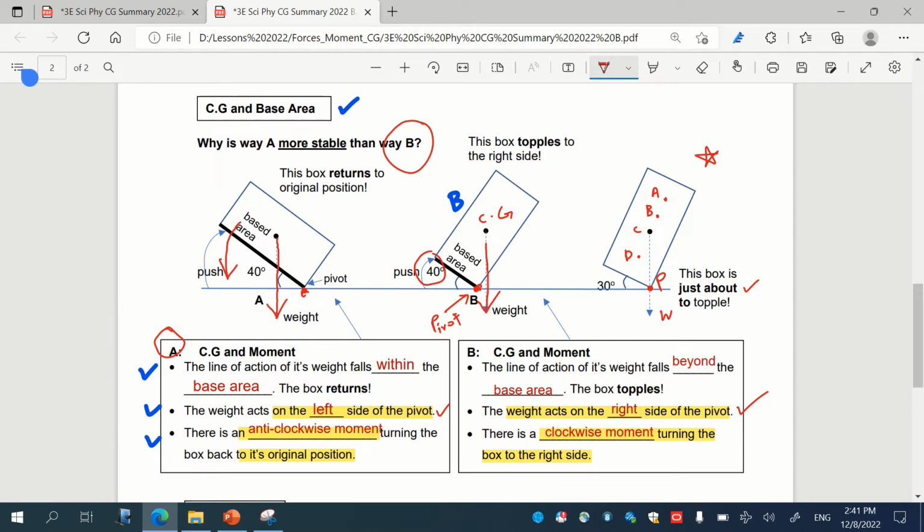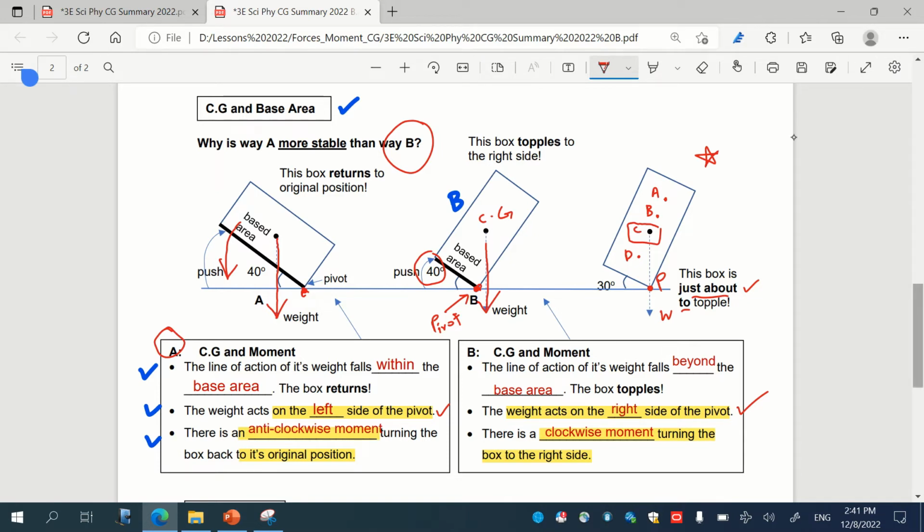If I tell you the box is just about to topple, which position is the CG of the box? The answer will be C. How do I know the answer is C? Because when I draw a vertical line down, it cuts through the pivot point exactly.